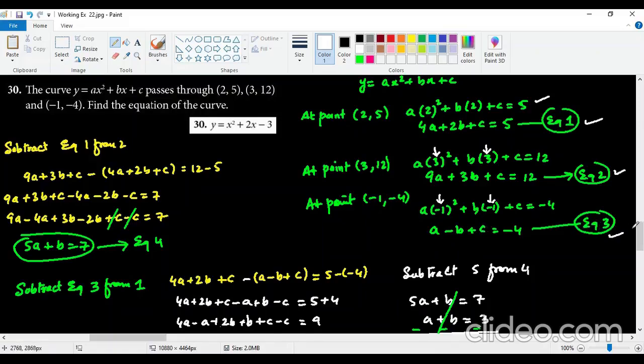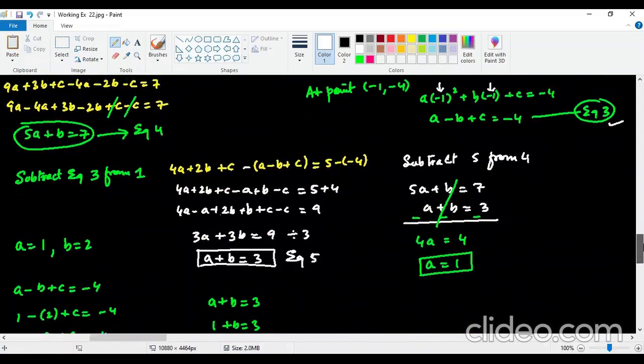Now working out the subtraction of equation 3 from equation 1. So this is equation 3, and subtracting it from equation 1 gives me 4a plus 2b plus c, and this becomes minus a.